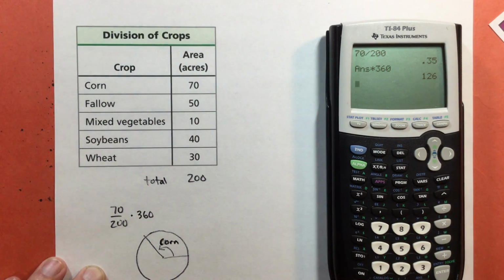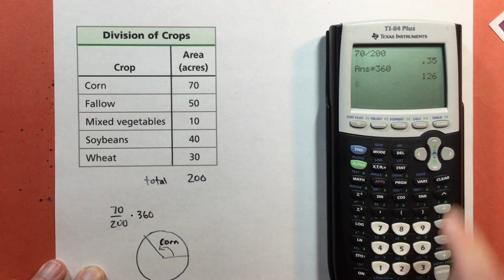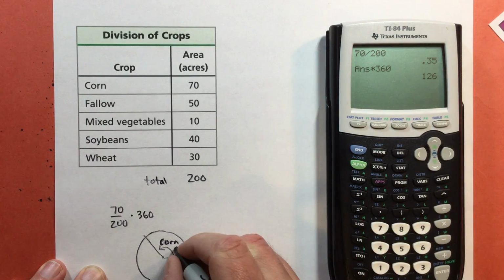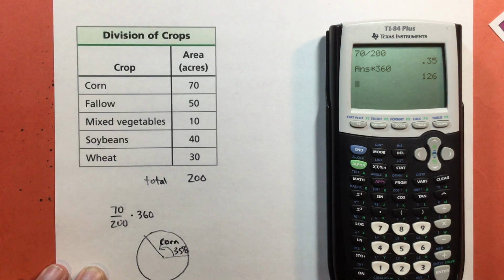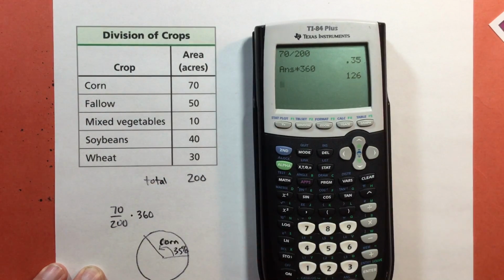And one thing about that is I also need to show what the percent is. And since it's 0.35, that would be 35%. So 35% of the total acreage on this farm goes to corn. For fallow, 50 divided by 200 is 0.25, so that'd be 25%.